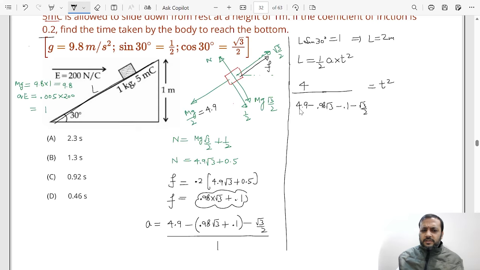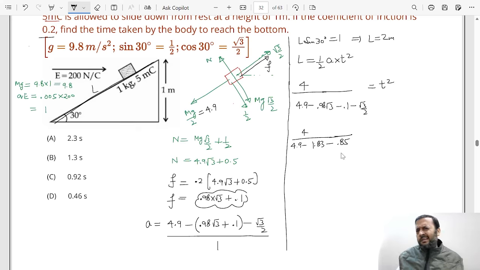Now if you just do the rough calculation, as I told, you can treat this as 1. So this becomes 1.73 and 0.1 becomes 1.83. So basically this becomes 4 upon 4.9 minus 1.83 minus root 3 by 2. So 0.85, I'm just doing the rough calculation.